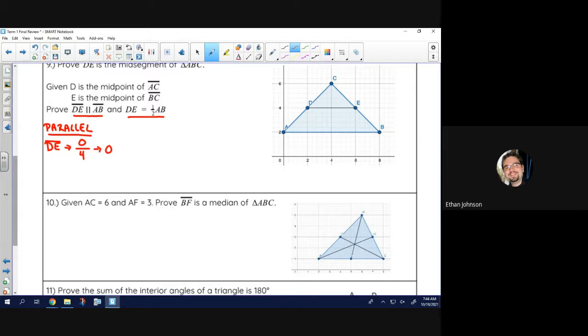For AB, we have no rise. We're not moving up or down, so it's 0 over. And we're going over 8, or just 0. So we can say then, segment DE and segment AB have the same slope.